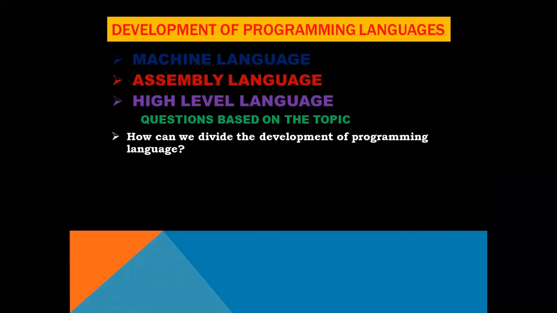In machine language, the programming was done only with binary numbers, that is 0 and 1. All the expressions and statements in machine language were made only from 0 and 1, and it was machine dependent, right? That means if I write a program in machine language, it can run on one machine, but the same program cannot be run on different machines.